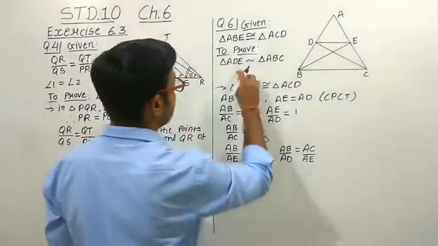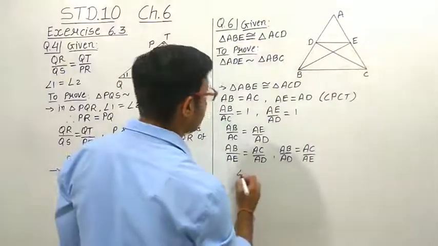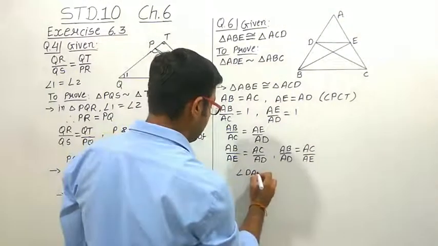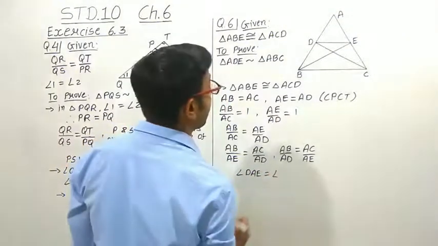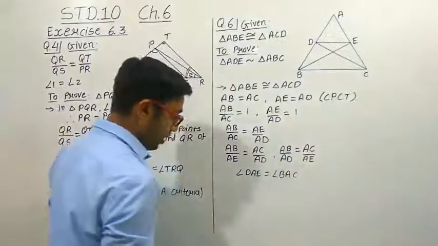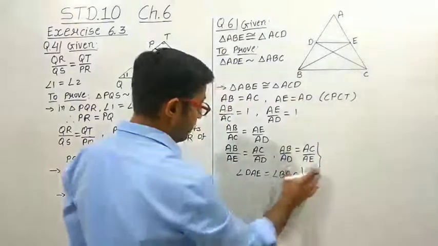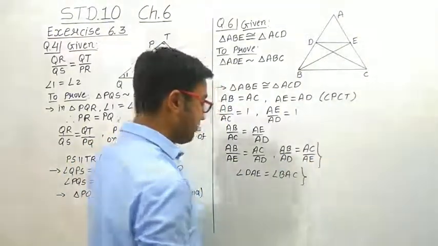Also, one of the things we are given is that angle A is common. So angle BAE is equal to angle BAC. So in two triangles, one angle is equal and two sides are in the same proportion.